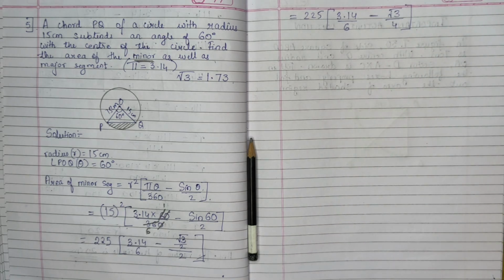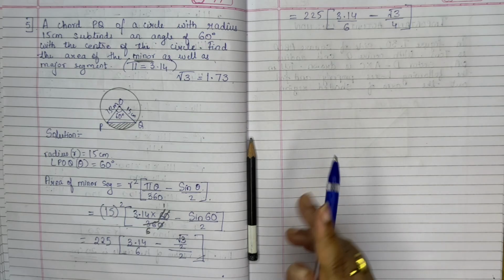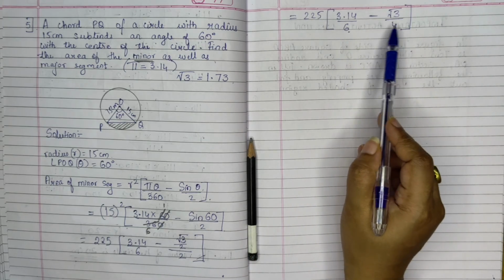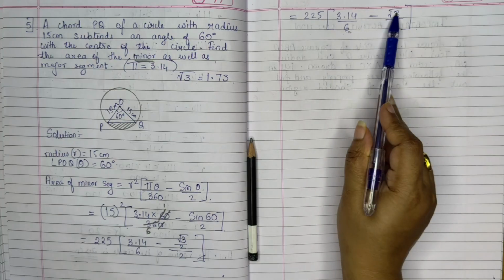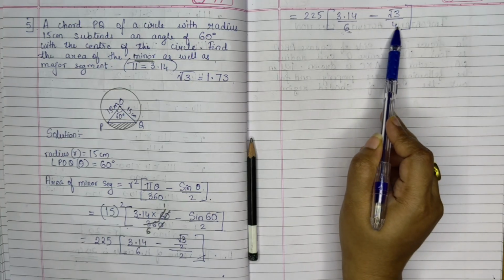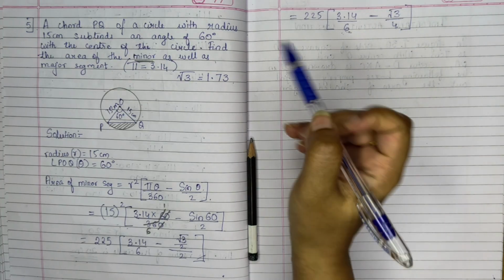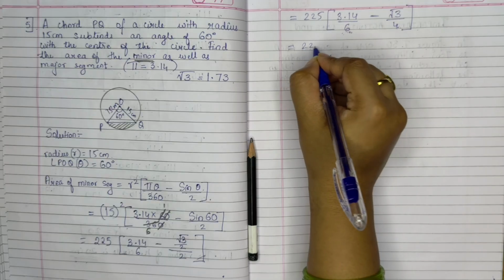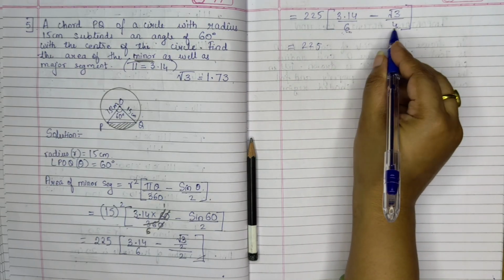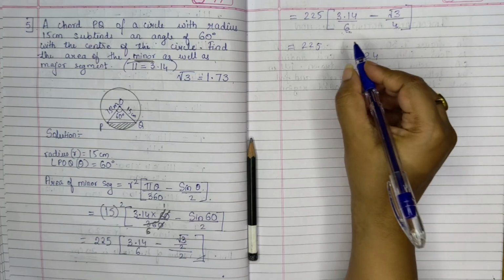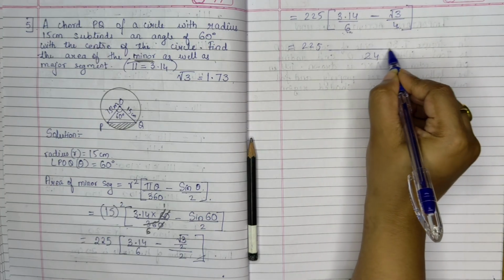Now see, in the previous sum we equalized the denominators. Here what we will do is multiply the denominator and cross multiply. Multiply the denominator, 6 4s is 24, and then we will cross multiply this.